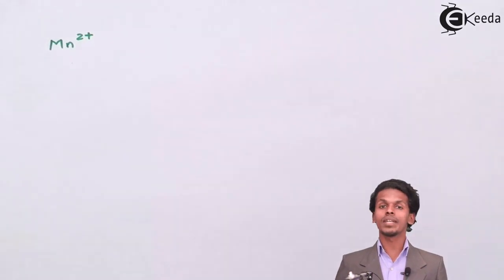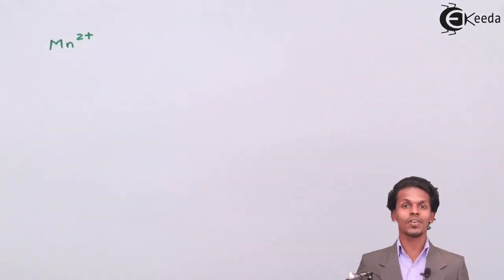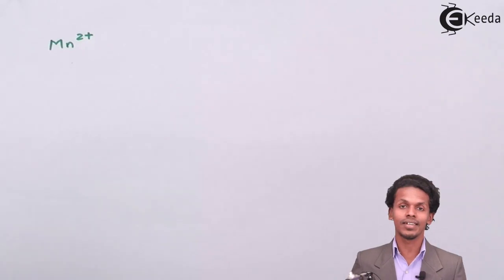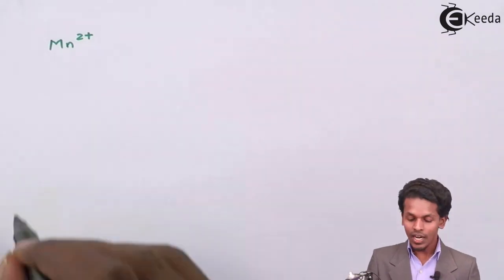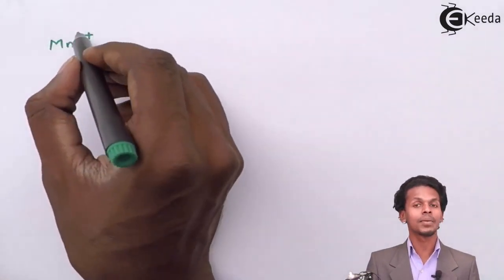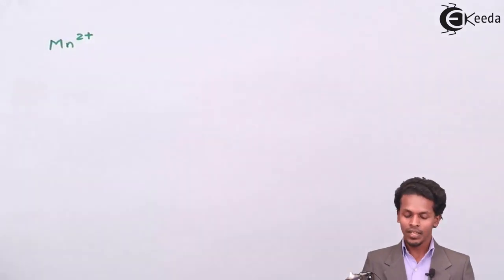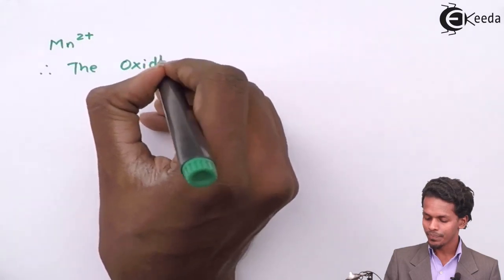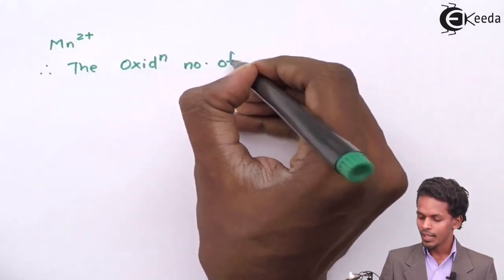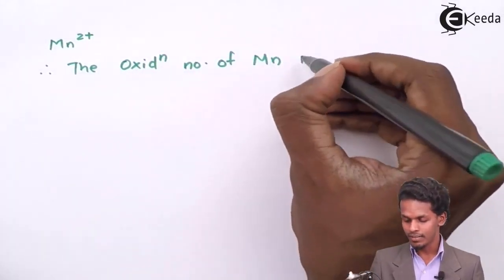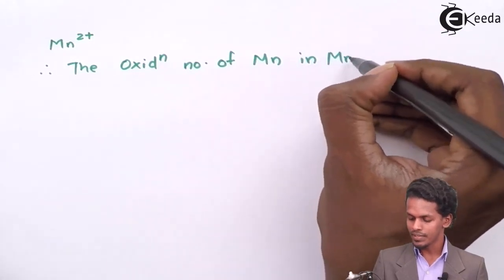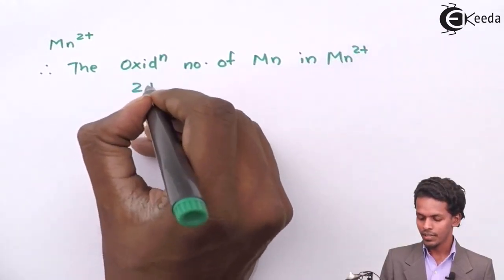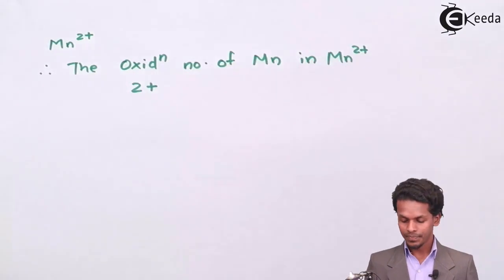In this case, we don't have to determine the oxidation number of manganese because it is already mentioned in the form of an ion. The charge present on Mn2 plus is the oxidation number itself. So the oxidation number of manganese in Mn2 plus is 2 plus.